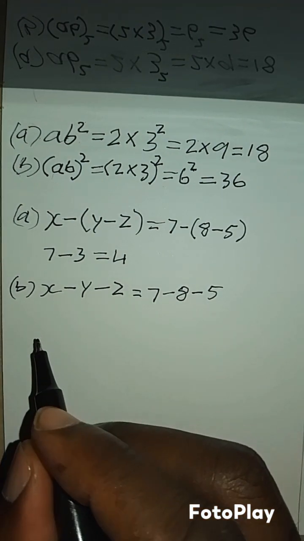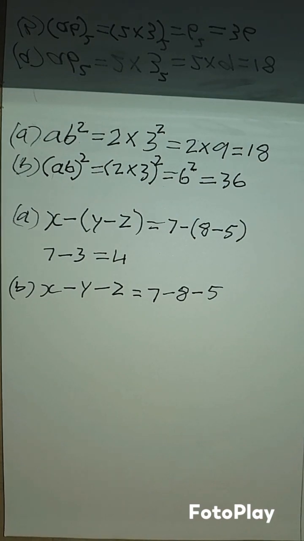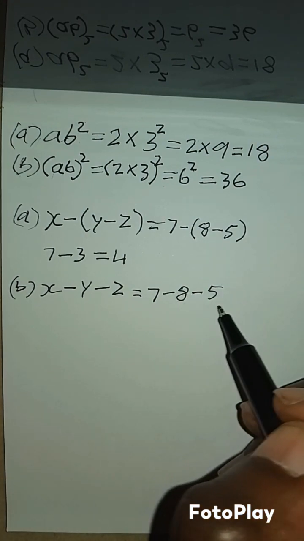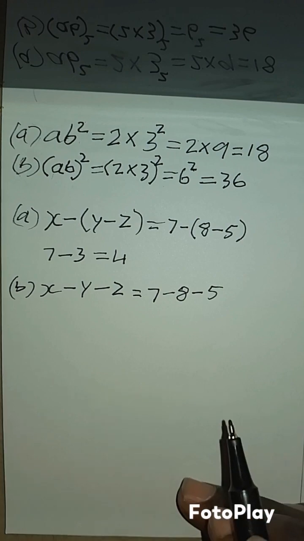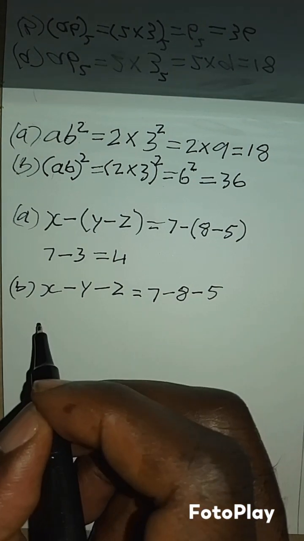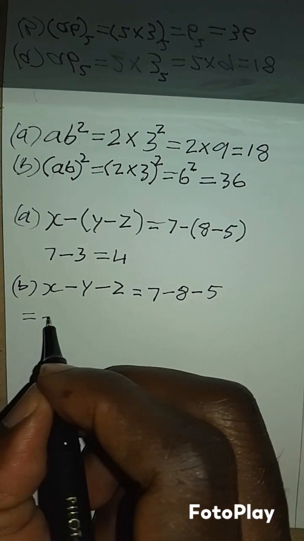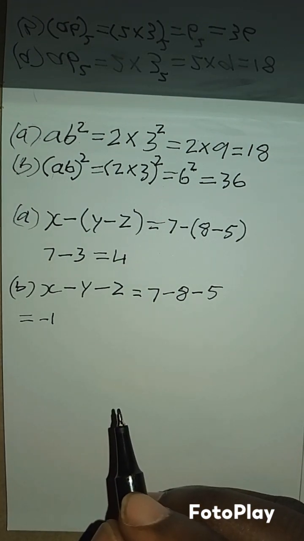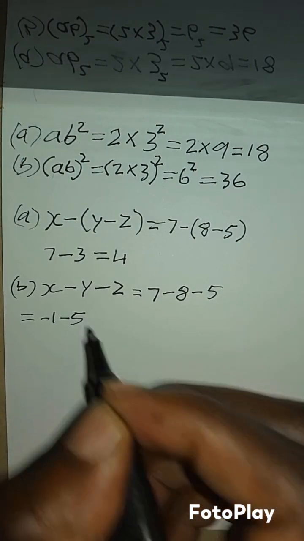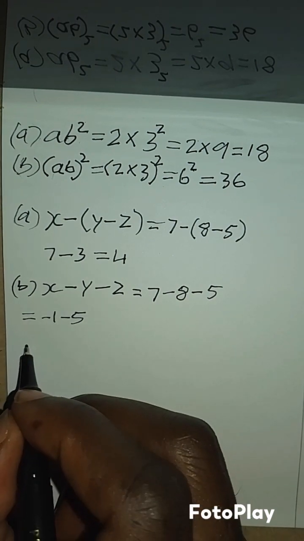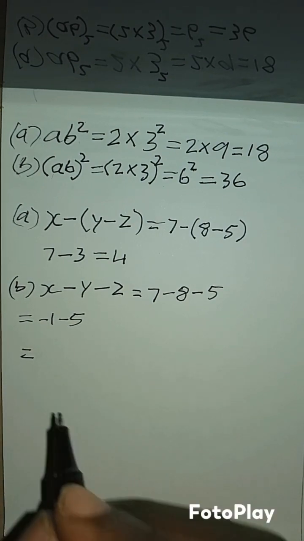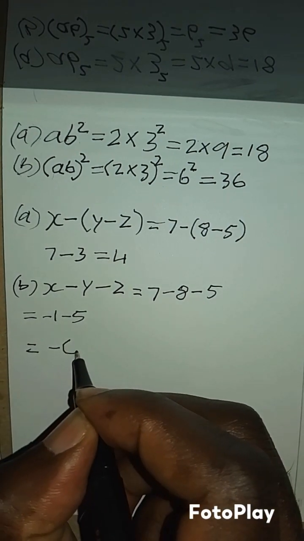In this case, any way you start, your answer will be still the same. So 7 minus 8 is equal to -1. Then we bring the 5 here, -5. So -1 minus 5 is equal to -6.